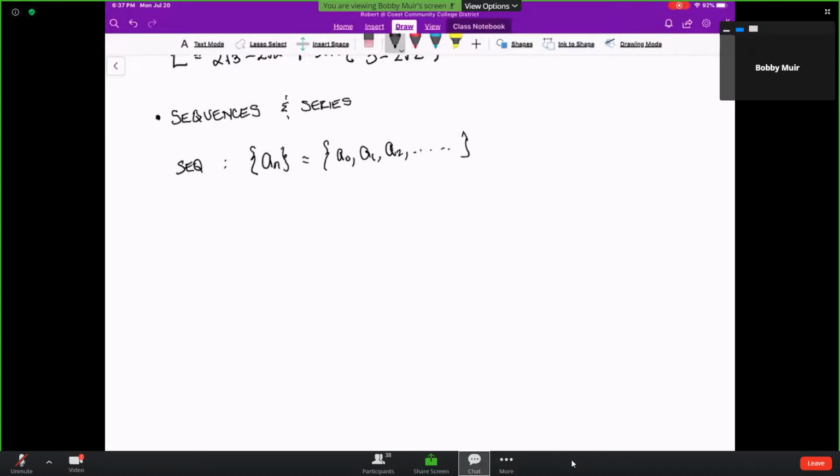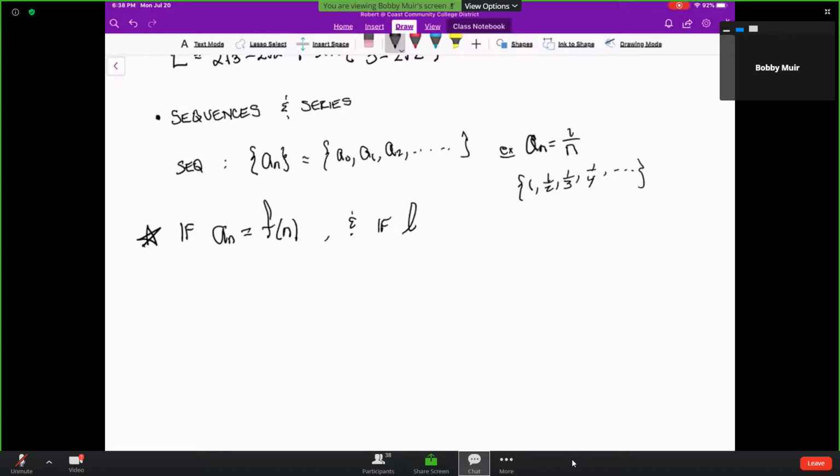For example, it might be a sub n equal to 1 over n. So now you have to start it at 1. So 1, a half, a third, a fourth.